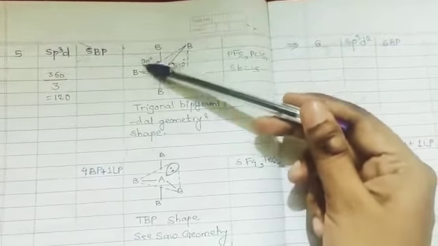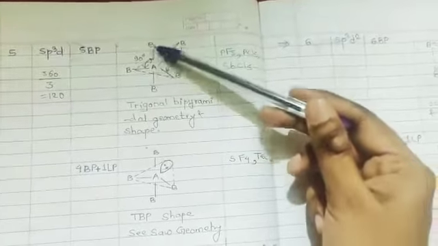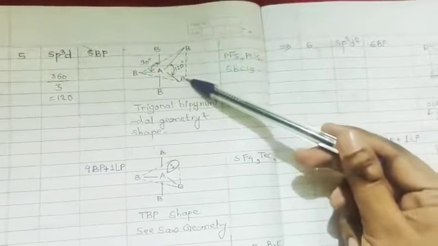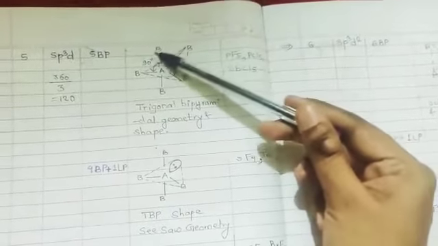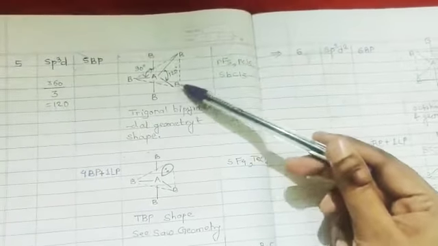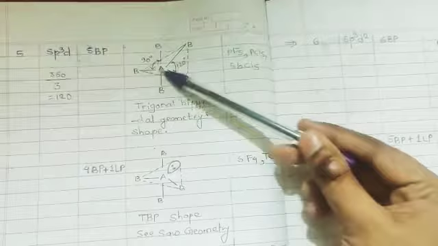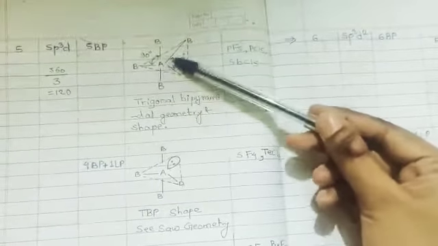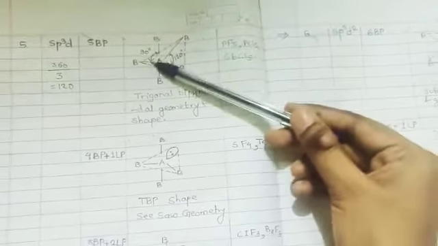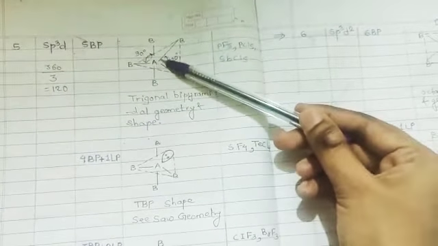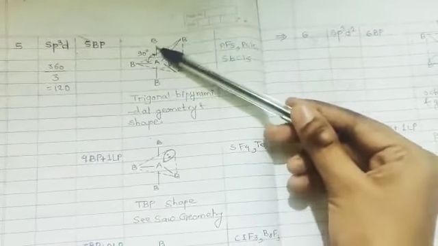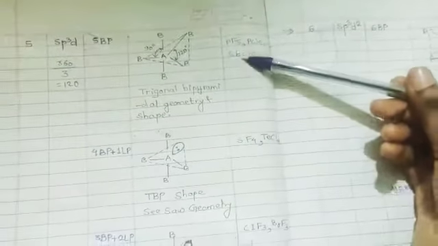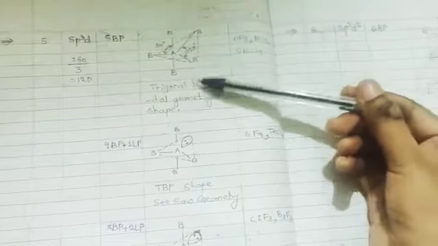And when we join these two B atoms to all these atoms present here, we get a pyramid, an upper pyramid and a downside pyramid. So it is two, therefore bipyramidal. Trigonal is the base or the planar shape here, and one pyramid up and one pyramid down, so bipyramid. These are the examples, AB5 type molecule.